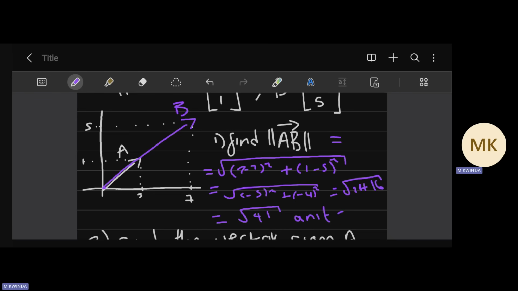You don't have to solve it further, because we don't use calculators for this module. So you basically just want to leave it like that.